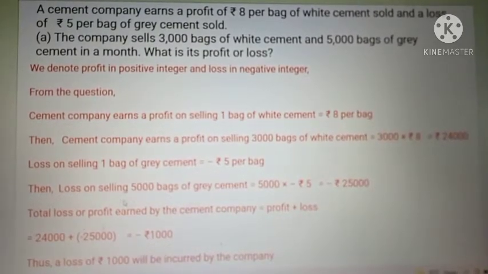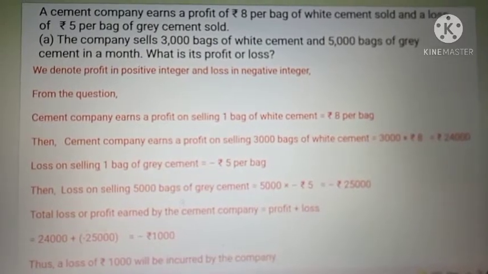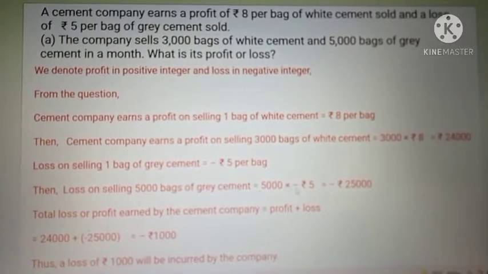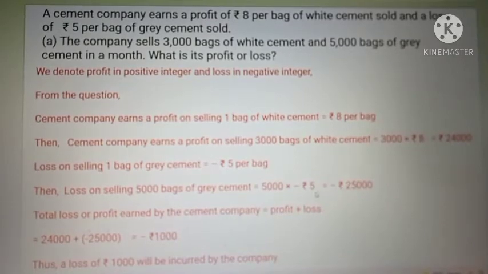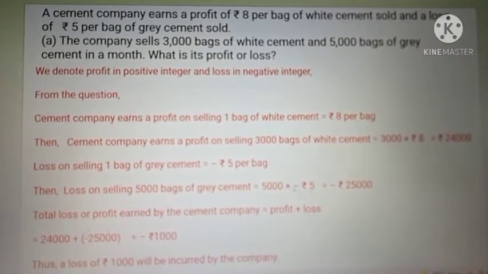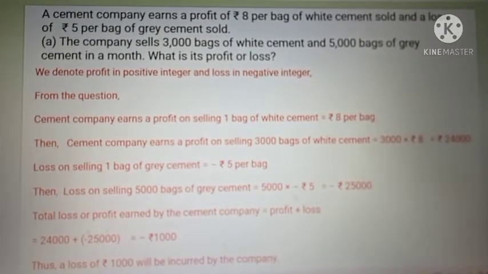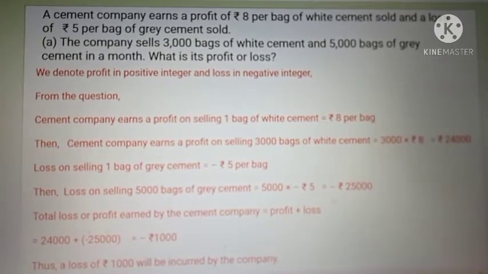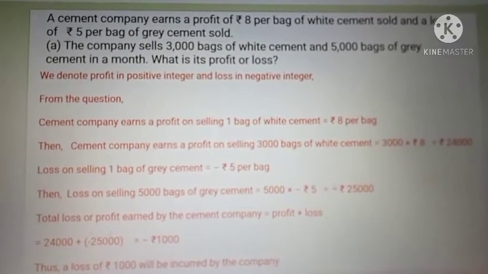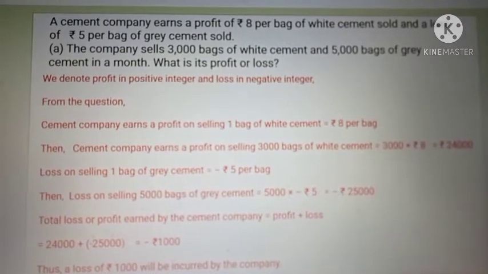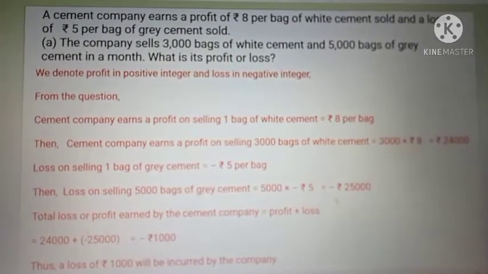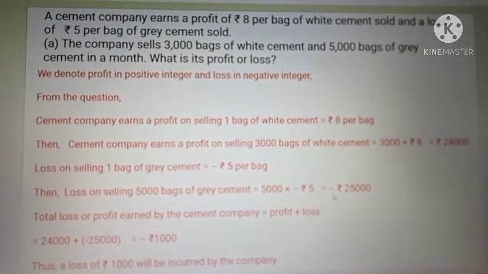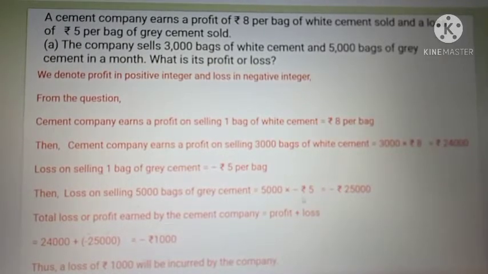Then the loss on selling 5000 bags of grey cement is 5000 into minus rupees 5. Why minus? Because it is a loss. That is 5000 into rupees 5, which is rupees 25,000. Minus will come before the answer because positive into negative is negative.